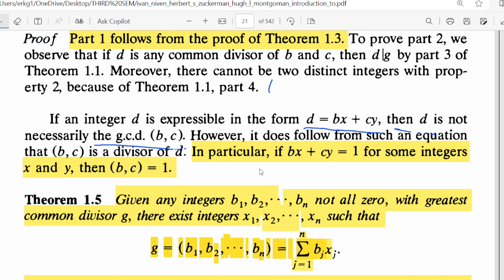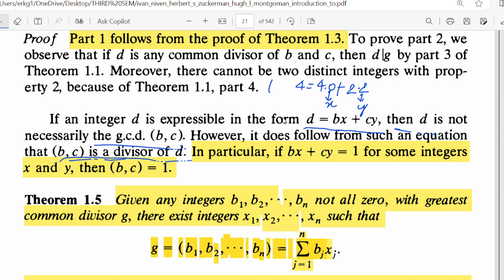However, it does follow from such an equation that the GCD of b and c is a divisor of d. Take a counter example like 4, which belongs to the set of integers, and we can express 4 as 4 times 0 plus 2 times 2, where x is equal to 0 and y is equal to 2.